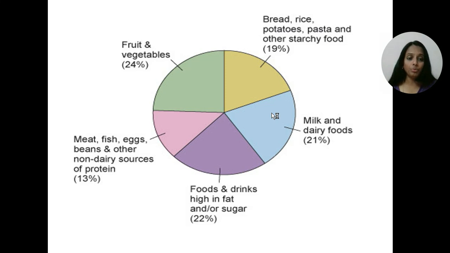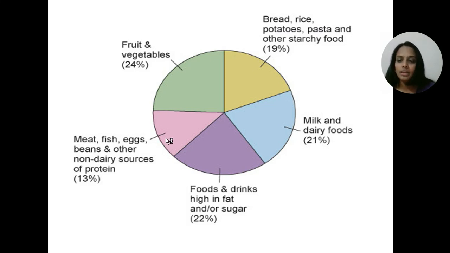Next, milk and dairy products, 21 percent. Dairy products like milk, cheese, and yogurt contribute calcium and protein, and they are essential nutrients, right? Then comes bread, rice, potatoes, pastas, and other starchy food, that comes to 19 percent. These carbohydrate-rich foods provide energy and should form a good portion of daily intake.